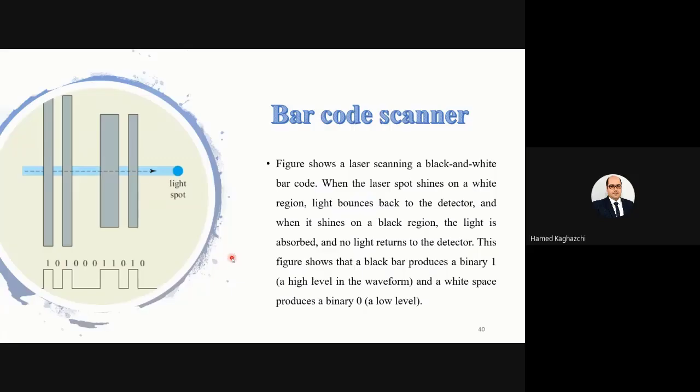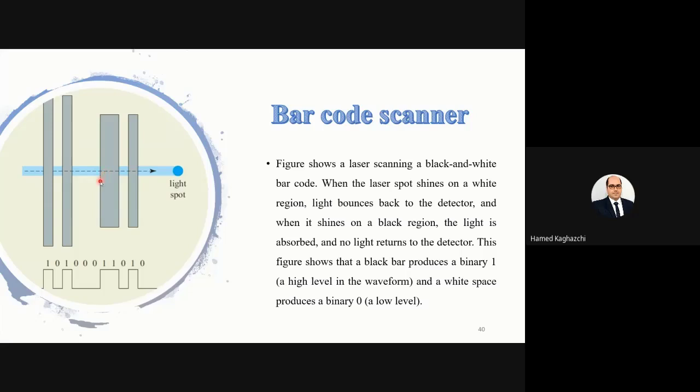The second one is the barcode scanner. As you see in the figure here, this is a black and white barcode that is laser scanned. We know that the white color bounces back the light and the black color absorbs the light.